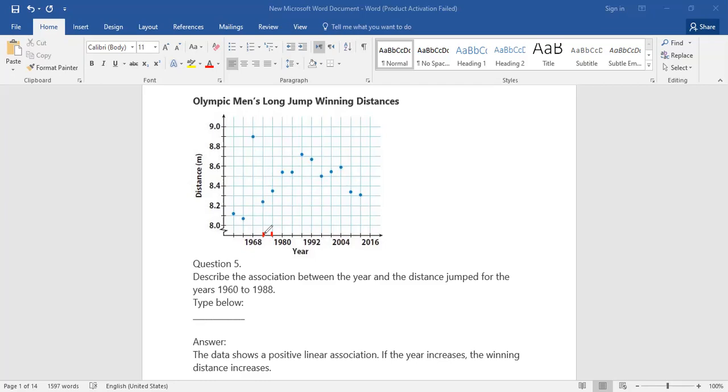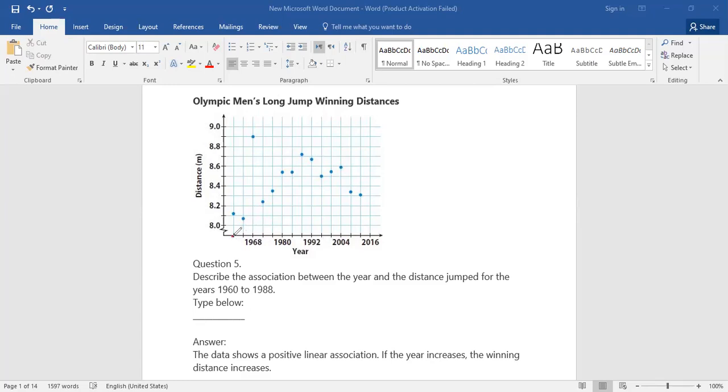Okay, then where can we find 1960? It will be before 1968. By how many bars? The first or the second? 1, 2.